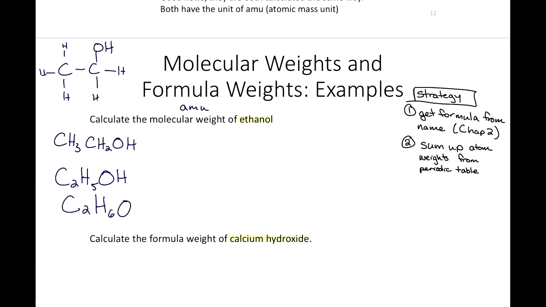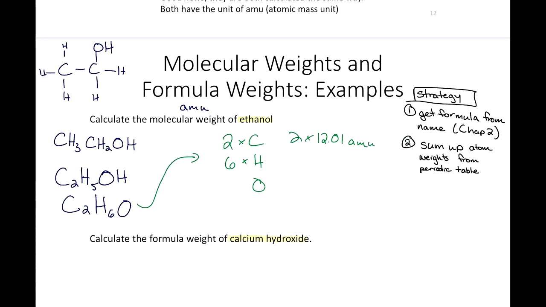So let's do that. I'm actually going to use this one down here because it clearly shows me that this molecule has 2 carbon atoms, 6 hydrogen atoms, and 1 oxygen atom. Because I want to take all of those weights off of the periodic table and add those masses up. So carbon has a weight off of the periodic table of 12.01 AMU, but there's 2 of them, so I want to multiply that number by 2.